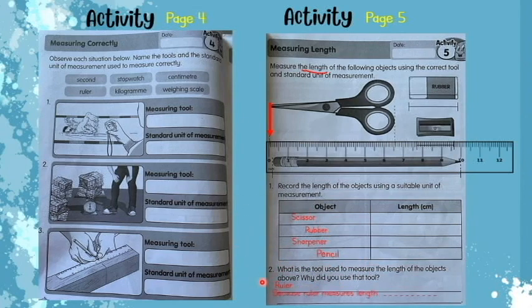It's because the ruler measures the length. You have to complete the sentence. Because ruler measures length. We've learned it in the previous slide. You can refer to the previous slide for the answer.